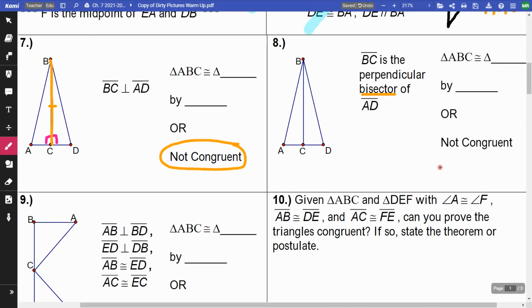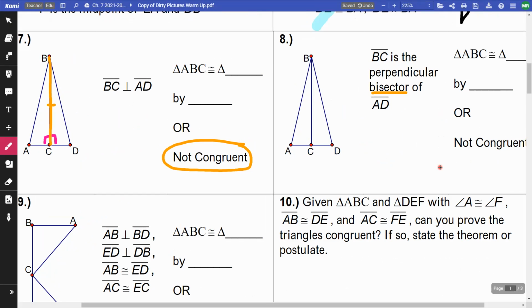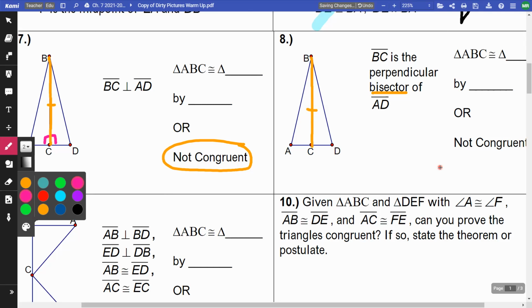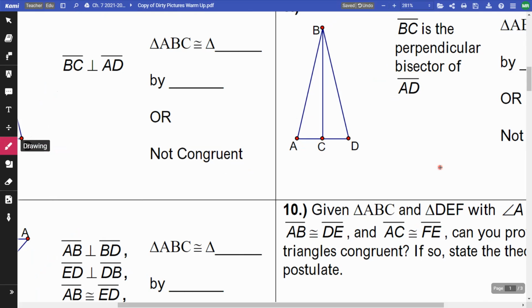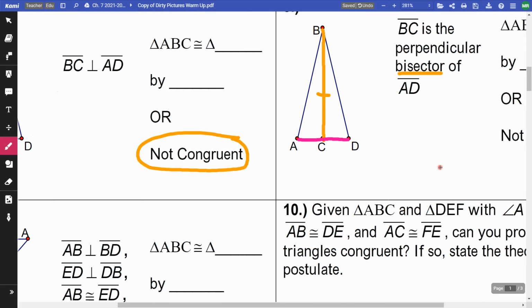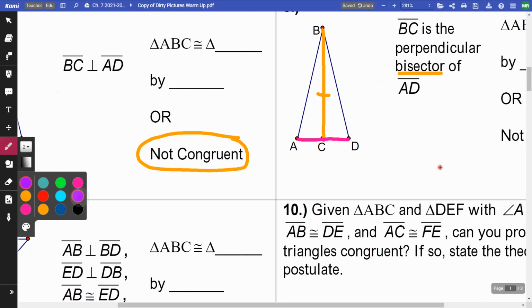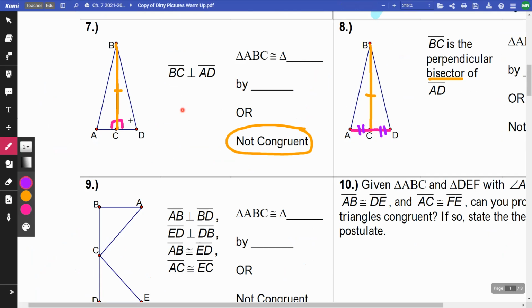So that means that this BC, which both triangles share, like they did in the other one, is going to take this segment and bisect it. So this side here and this side here are going to be the same as each other. I did not know that over here. Now it is a perpendicular bisector, so that also means that I know I have that 90 degree.